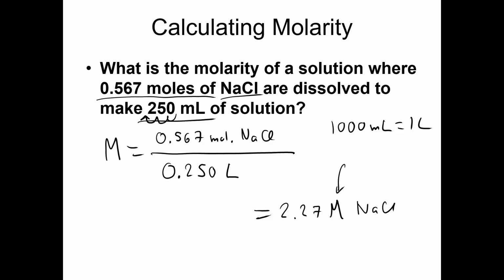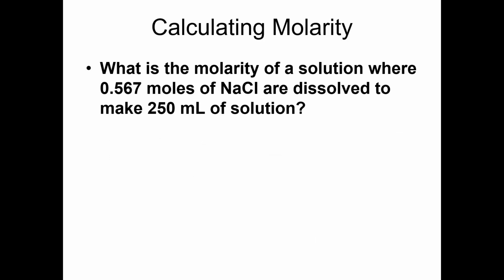So that's it. And we don't have 3 significant figures here. We have 2. So this is technically just 2.3 molar NaCl. Something to remember are your significant figures. This is nice, it has 3, but there is no certainty about this, so there are just 2 significant figures. What is the molarity of a solution where 0.56, didn't I just do that?